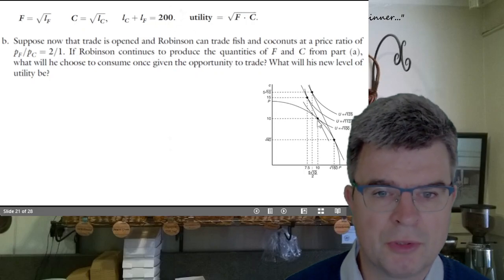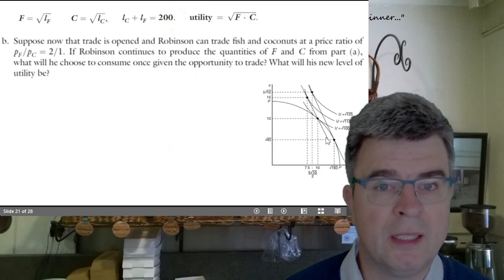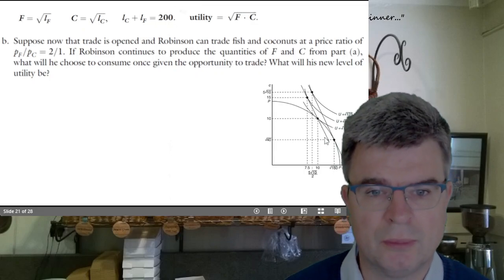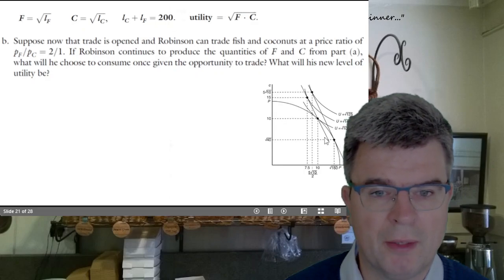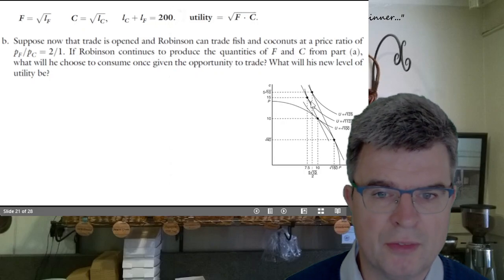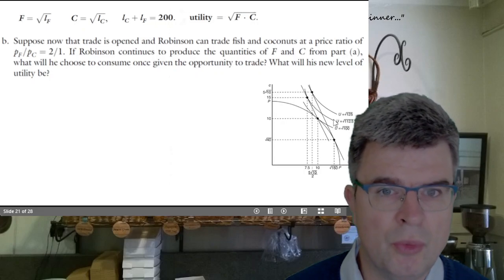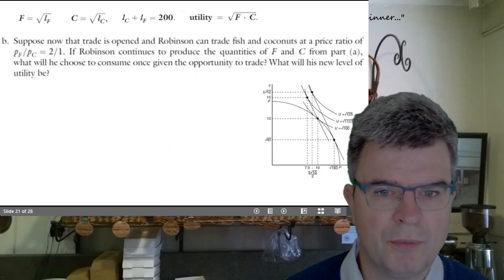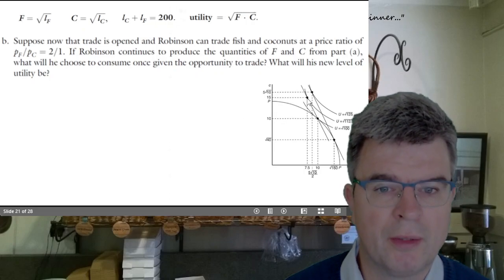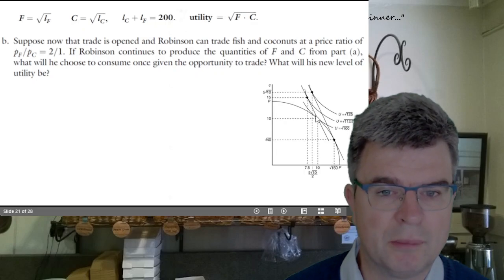Robinson can now trade and move along this line. As you can see in this graph, and we will get there also by doing the derivations, this allows him to reach a higher indifference curve, and the new optimal consumption bundle is the point where the indifference curve is tangent to his budget line.